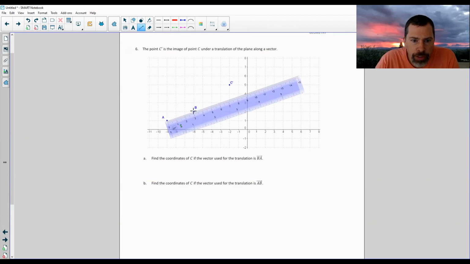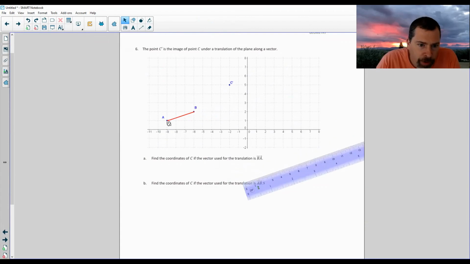I'm just showing you that this is what you would do on paper. You would draw a segment from B to A and put the arrow at the A end. That tells us that A is the image of the pre-image B.